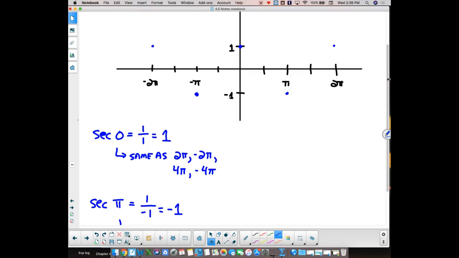So we got a little W action going on there now. Okay. Let's go to the halves then. Pi over 2.